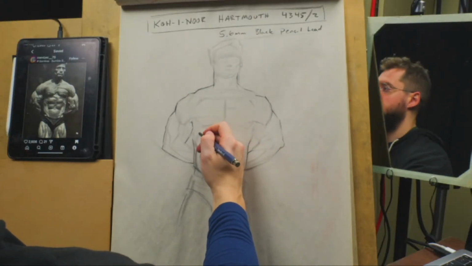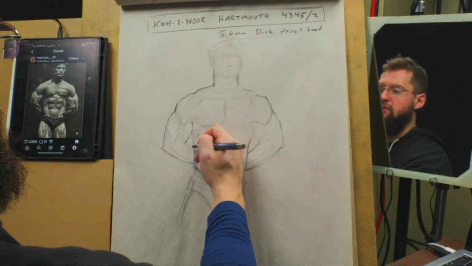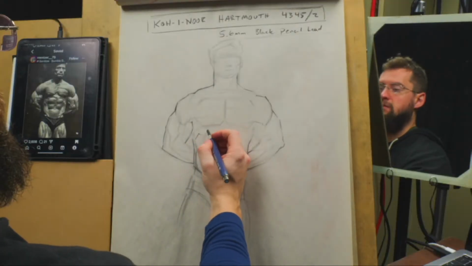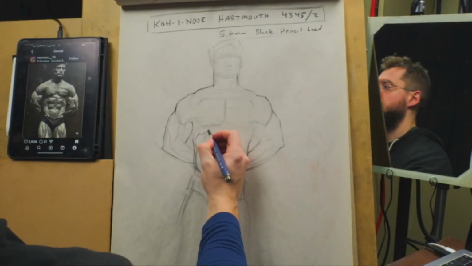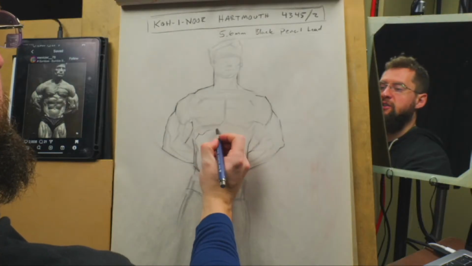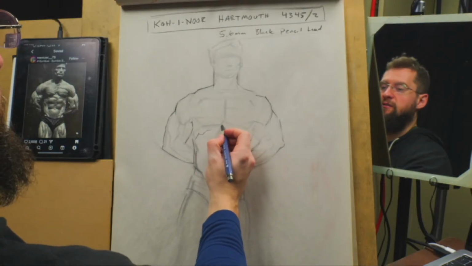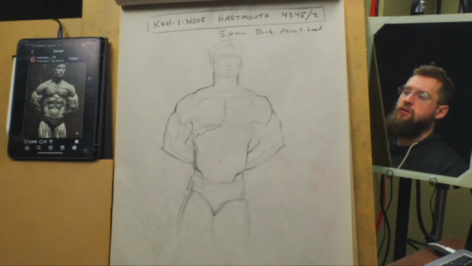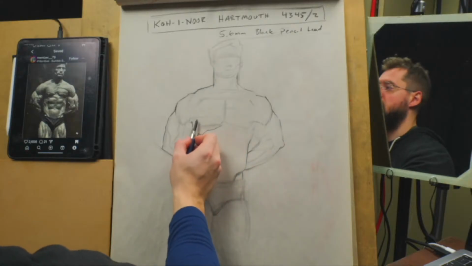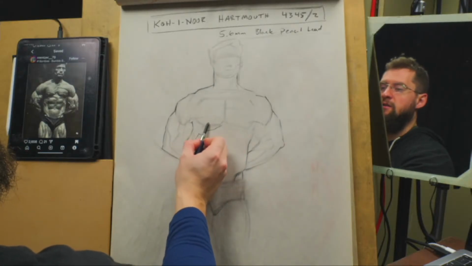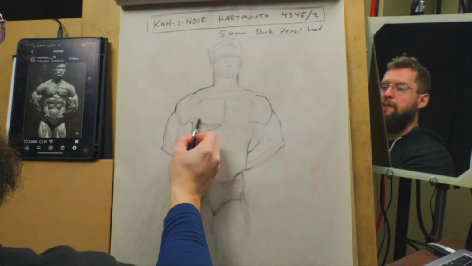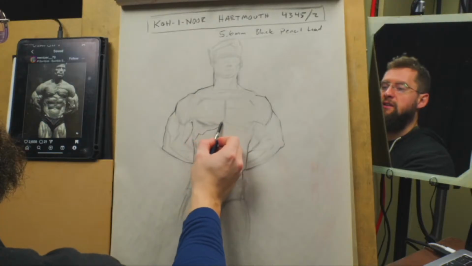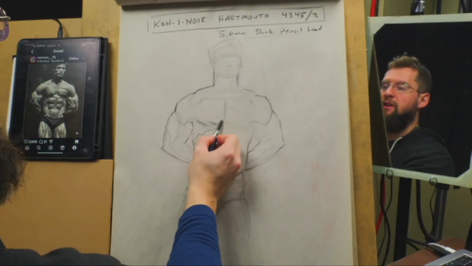So the places where it's a cast shadow is more firm. Like here under the pec, that's a very sharp transition for the shadow. On the other side, on the underside, and then here on top is a lot softer of a transition from light to shadow.